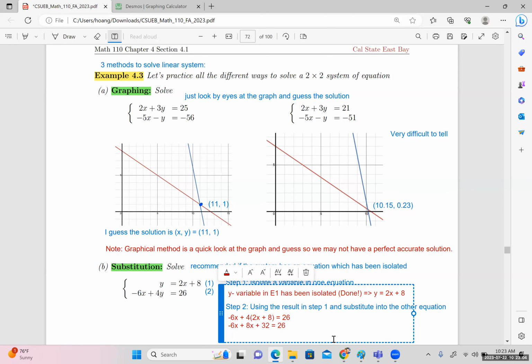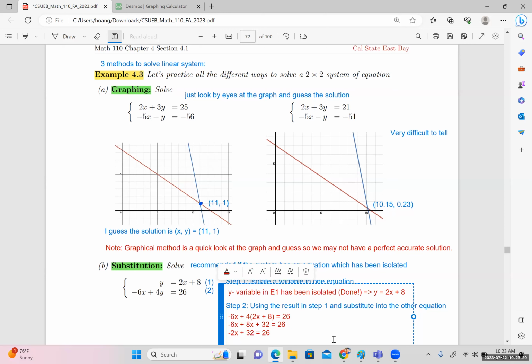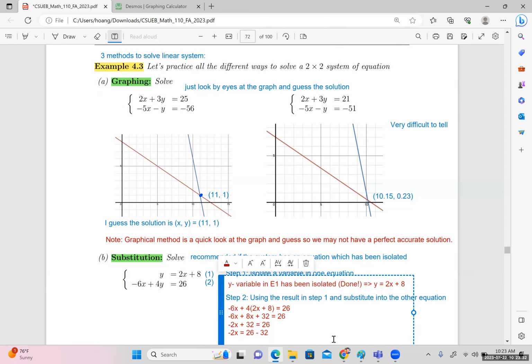Simplifying, I have negative 2x plus 32 equal to 26. Then negative 2x equals 26 minus 32, which is negative 6.